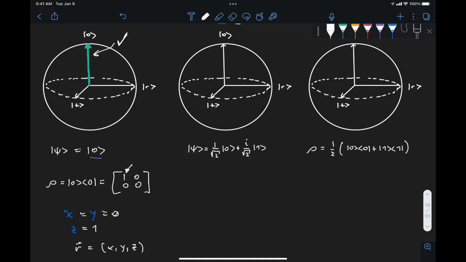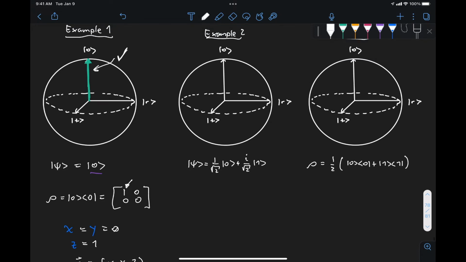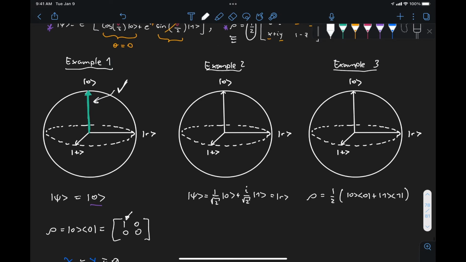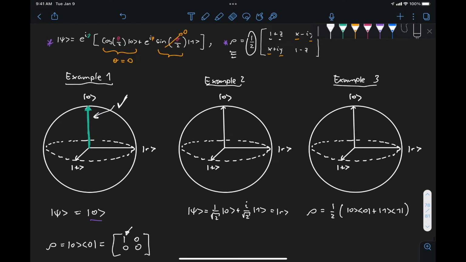Now let's take a look at the next example. So we have the state 1 over root 2 times 0 plus i over root 2 times 1, and this corresponds to the state right, or the state R, right? And we know that in order to get this state, let's go back to this state vector representation here.